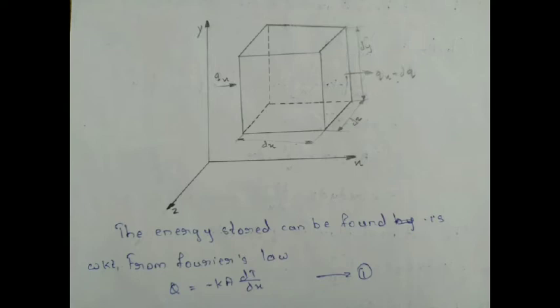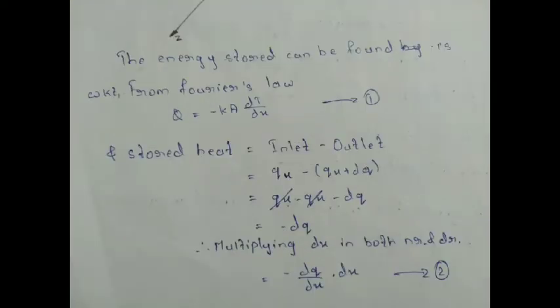So Qx minus Qx plus dQ, written in brackets. By opening the bracket, Qx gets cancelled, and minus dQ is the remaining one. So multiply by dx on both sides: minus dQ by dx into dx is the remaining one, and it is marked as equation 2.